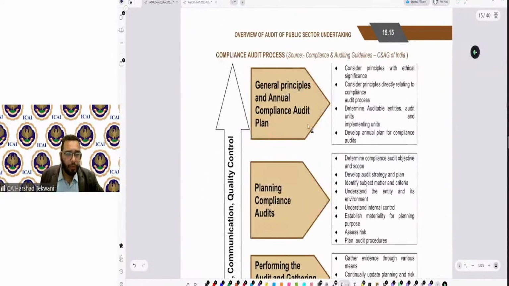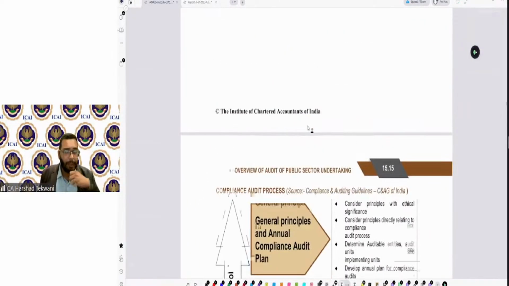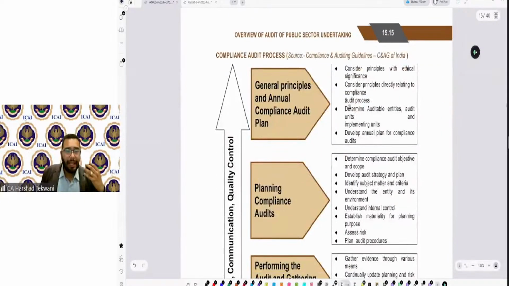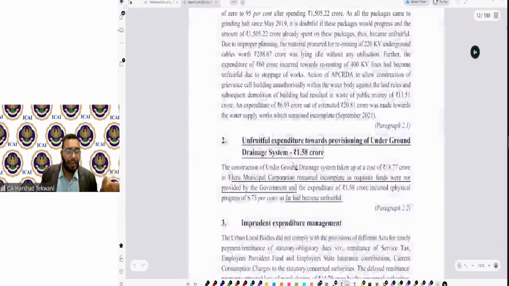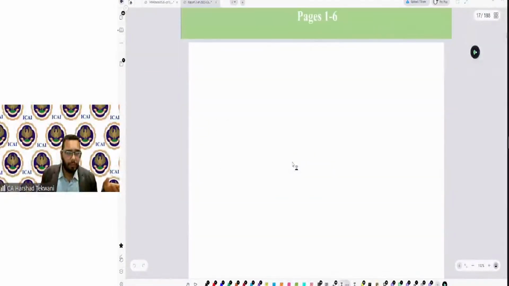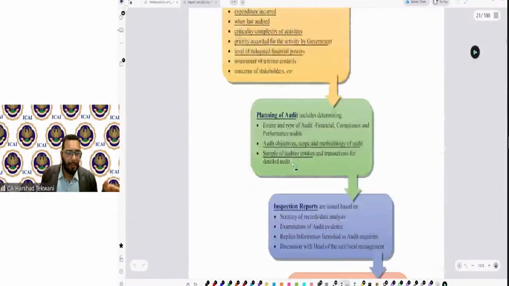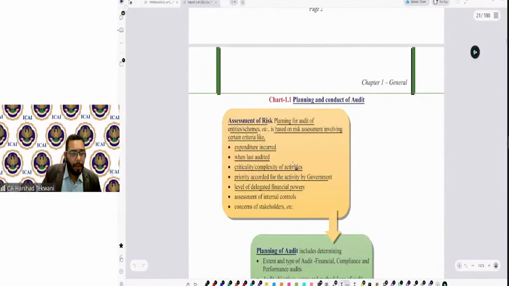So as I told you, the process is first they consider general principles of compliance audit, like they determine the auditable entities. Okay, which auditable entities they can do. The phase that I was talking about was risk assessment over here. In this example, planning for the audits and schemes includes identification of the entities.